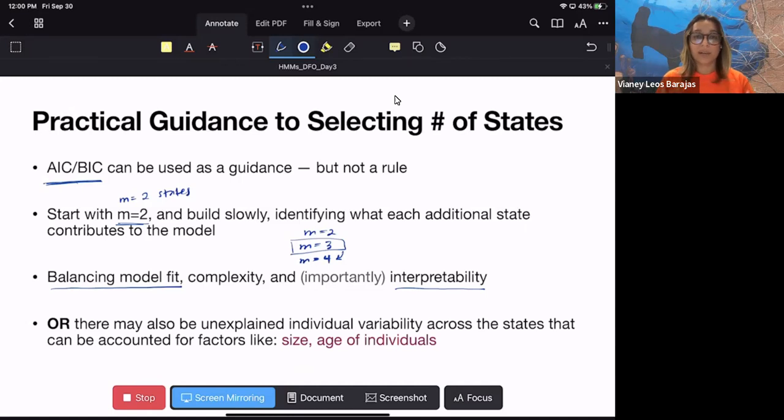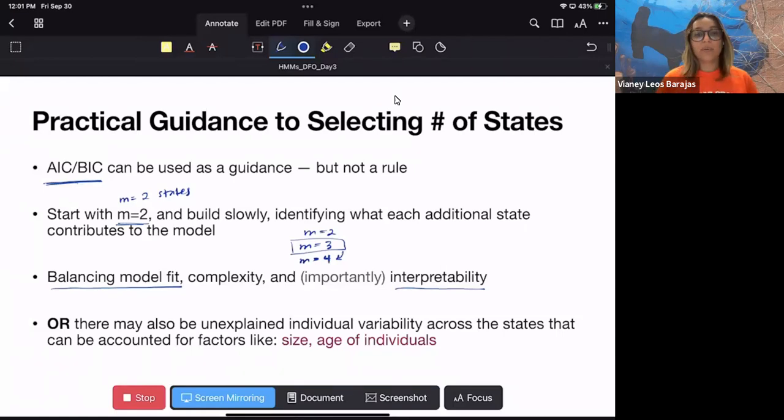If we construct, for example, a 10-state hidden Markov model, we need to be able to connect each of those 10 states to something meaningful. Otherwise, we're just constructing these very flexible models that capture different patterns, but are not going to provide that level of interpretability that we might be looking for.